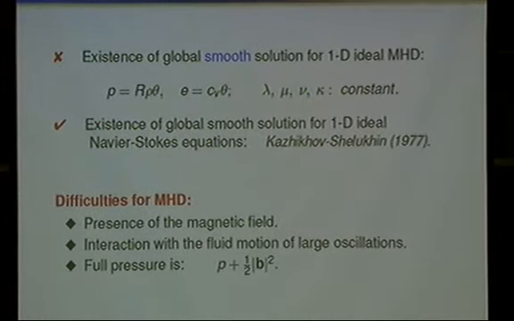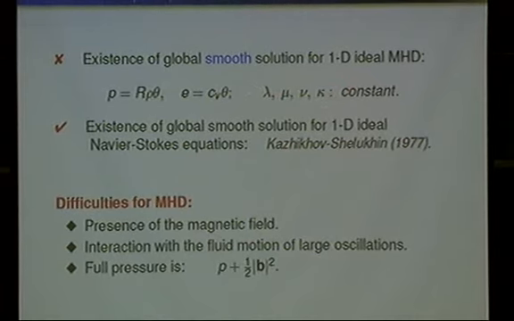Everything, all the coefficients, viscous coefficients, constant. If you consider this case, then the existence of global smooth solution for the 1D problem is still open.